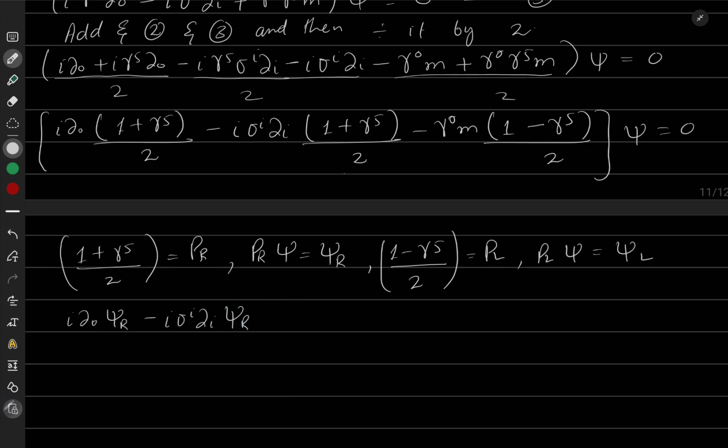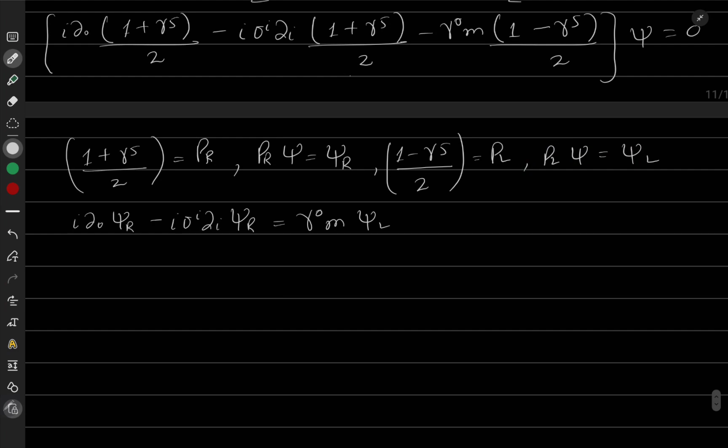And if I take this minus gamma 0 m to the other side of the equation, it will become gamma 0 m, and this is the left-handed chiral operator, and it will give me the left-handed part of the psi.